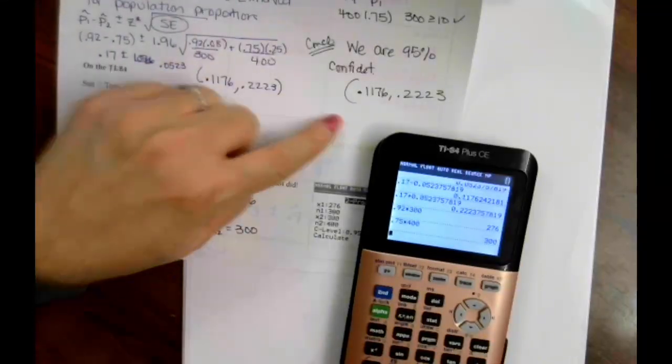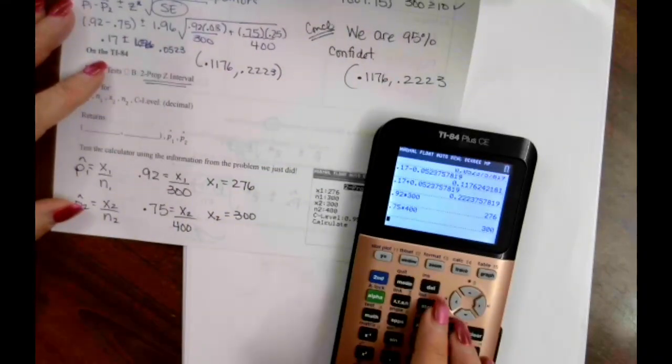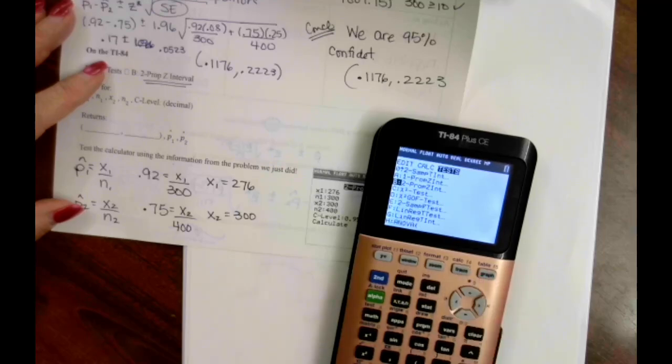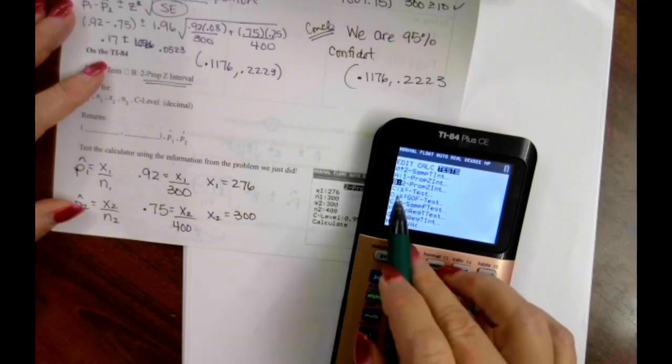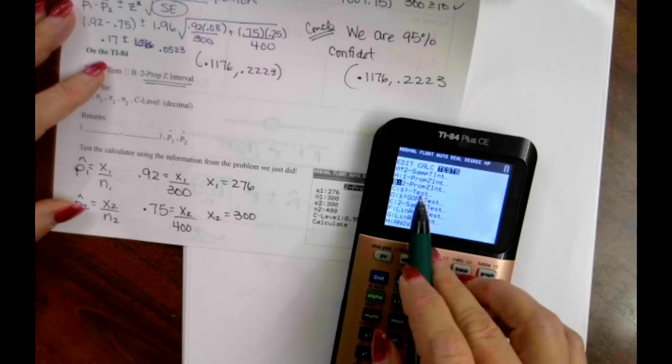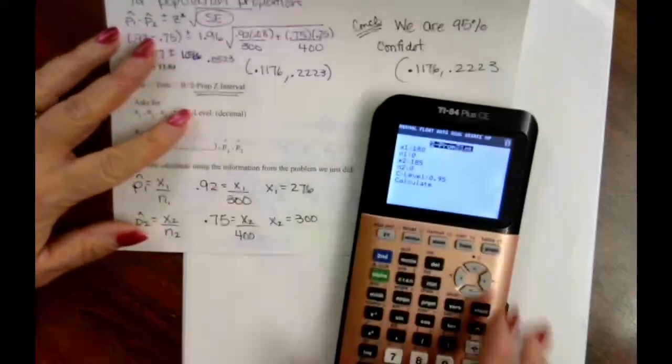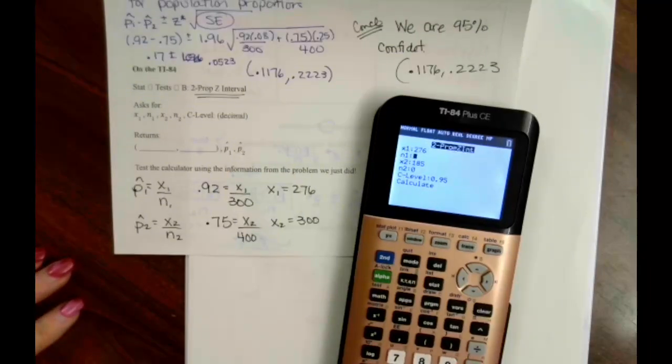Okay, so now let's try this, and we need to see that we get the same interval. So I go to stat, test, I'm going to go to 2 prop z interval, 2 samples, z interval for proportions, okay? And so the values that I'm going to use here are 276 out of 300, and then 300 out of 400, and my confidence interval is 95%.